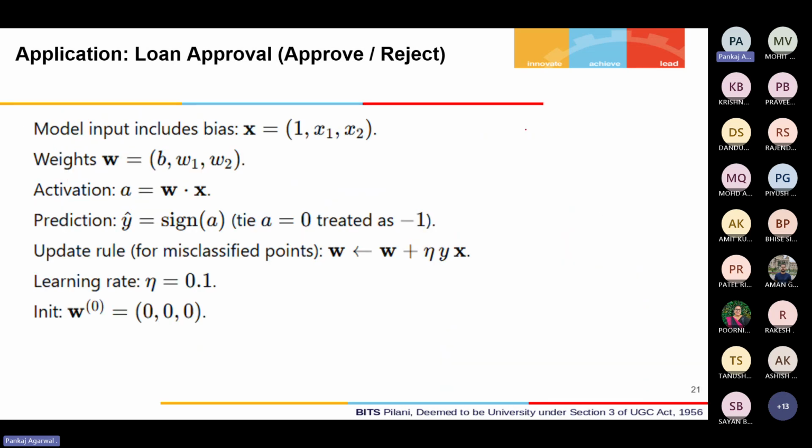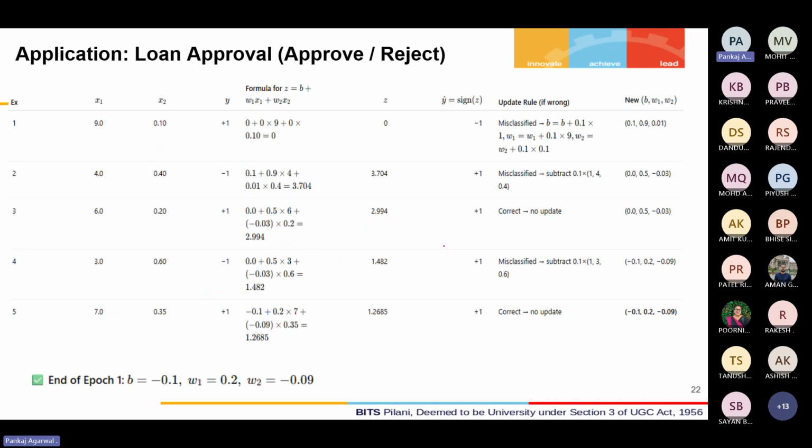The thought process is that we can model these simple problems with a single neuron approach. All we need is to pick the right activation function, the weights, and the algorithm, that is the weight updation rule. And we are able to solve these problems very easily, right?